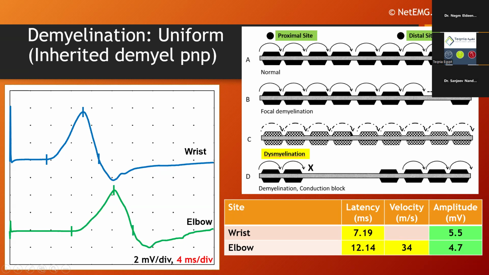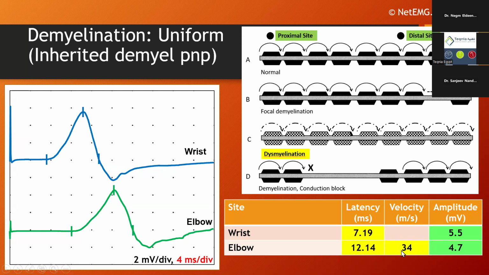We typically record responses at 2 milliseconds per division. So this waveform is very, very broad. The important thing is that the waveforms look similar between the distal and proximal stimulation. So we have increased latency at both stimulation sites.